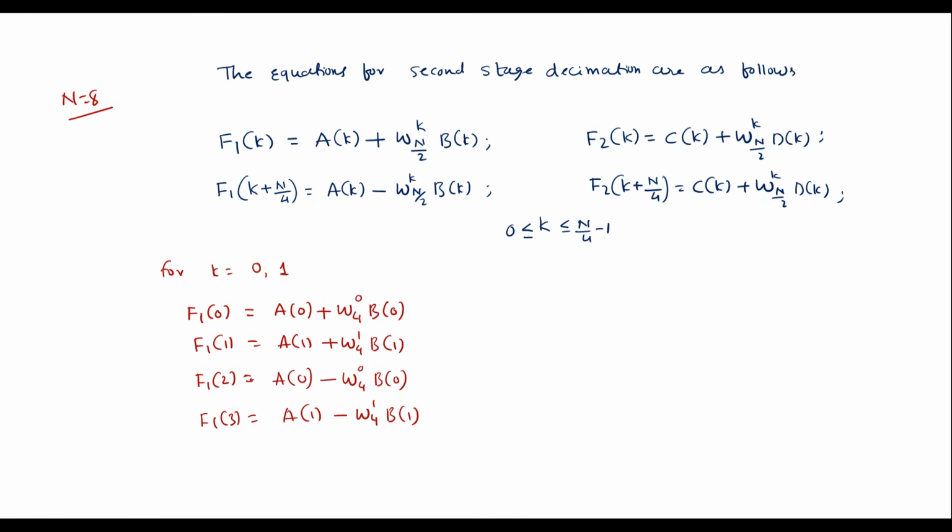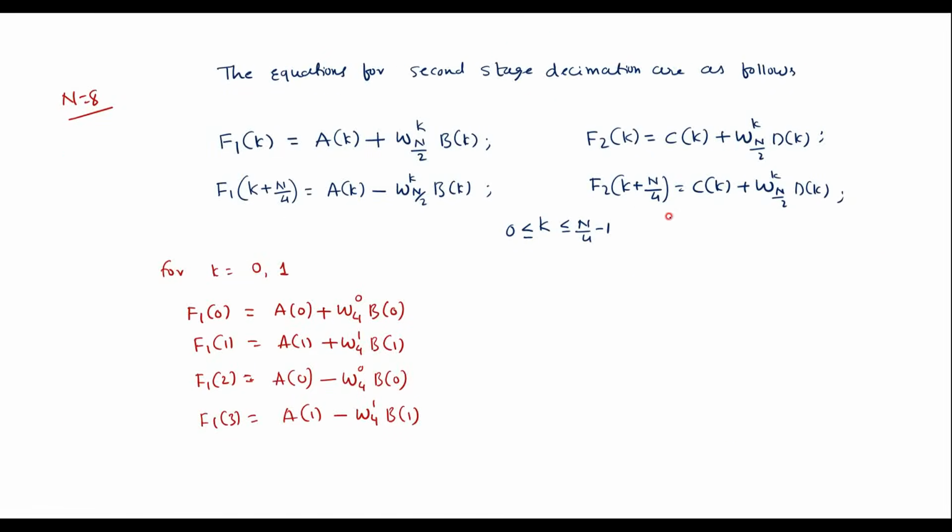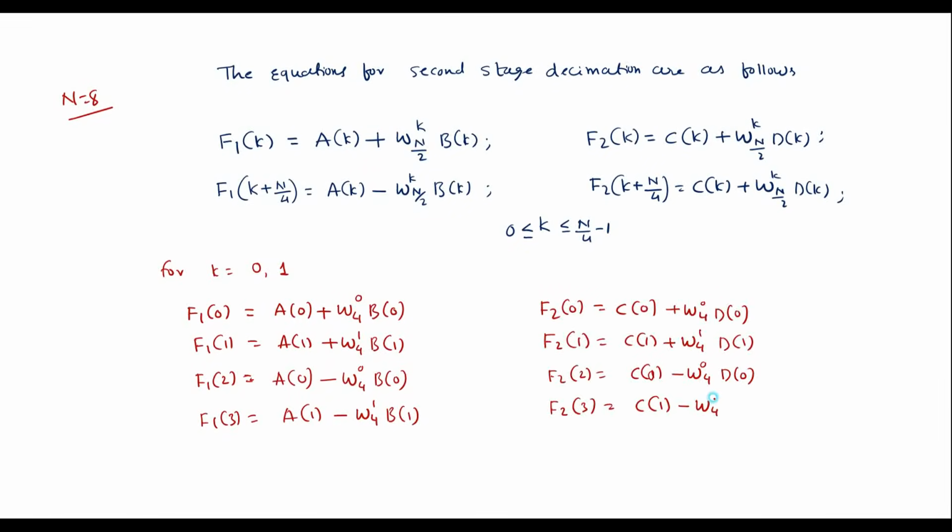So these are the outputs of the first 4-point DFT of second stage decimation. Similarly, for different values of k, we'll get w4 power 1 d of 1. So now I will show how the signal flow graph looks after second stage decimation.